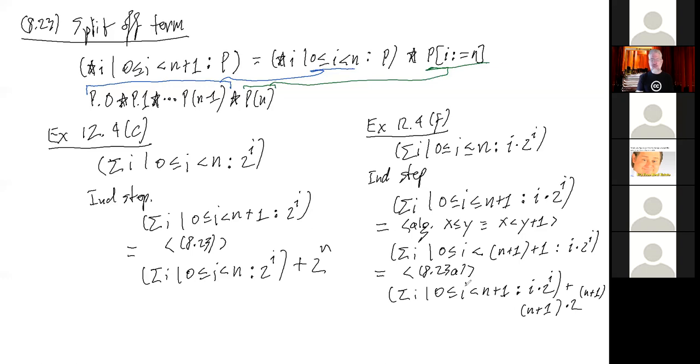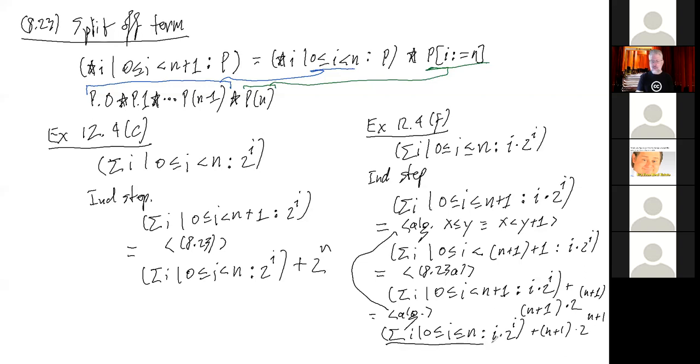Right, which is notice that to make this split-off term match here, because we want to come back and match this, we'll use this fact again to say that this is equal to, by the same algebra fact, that guy there, that this is the sum over I, 0 at most I, at most n, I times 2 to the I, plus n plus 1 times 2 to the n plus 1.